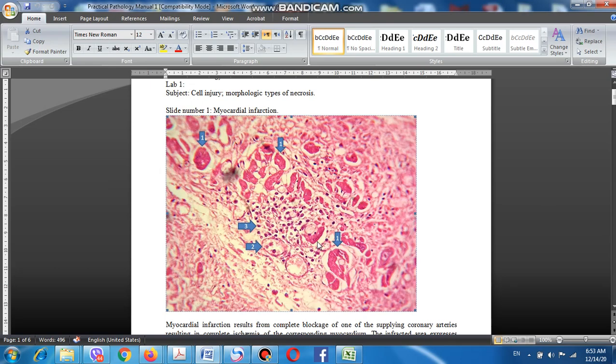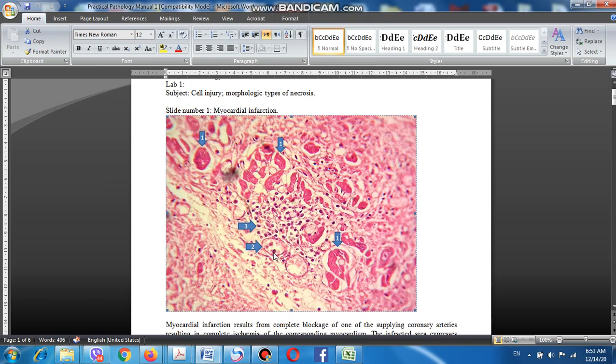Of course any necrosis, any cell injury, will be followed by a defense mechanism by the body, an inflammatory response. As you can see here in this section, we have dilated blood vessels in the area of necrosis, giving rise to neutrophils.